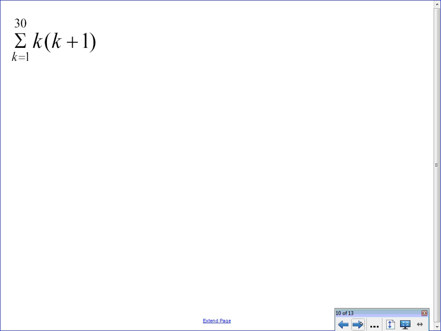So this is what I would do on this one. Could we use shortcuts if we rewrote it? Yeah. Let's make this k squared plus k. Is that legal? Can we use a shortcut here?